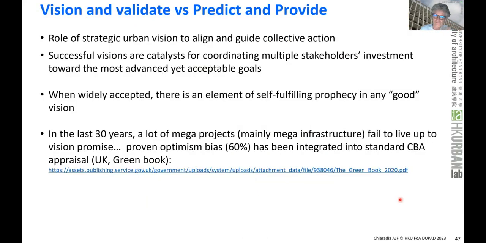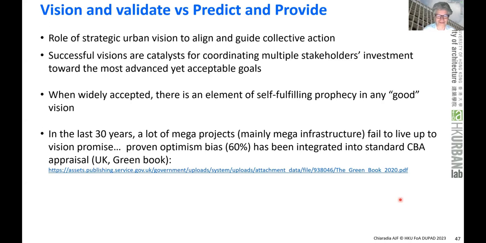So this is a strategic vision. It's different from predict and provide. It's more vision and validate, because when you have an accepted vision which aligns and guides collective action, you may have a self-fulfilling prophecy.